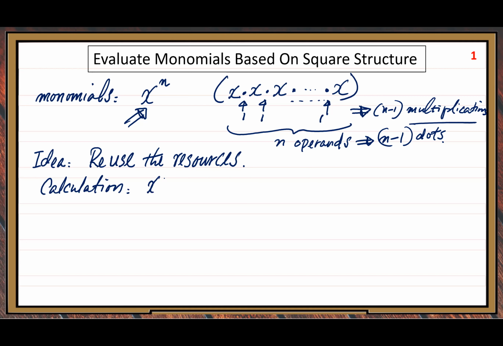Now, let's look at the calculation part, this general power form. We need to use resources, so you need to pay necessary costs to do the calculation here. When we do that, we try to reuse the resources we already paid for. That's the idea.